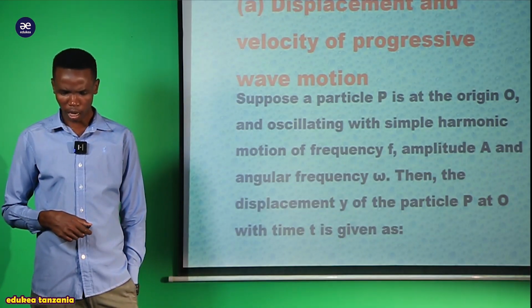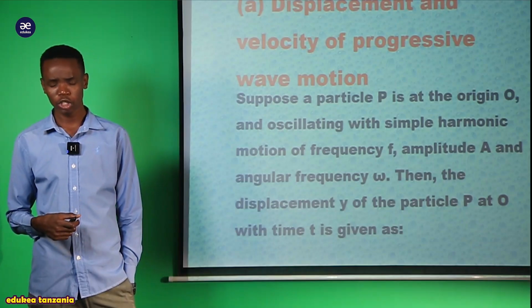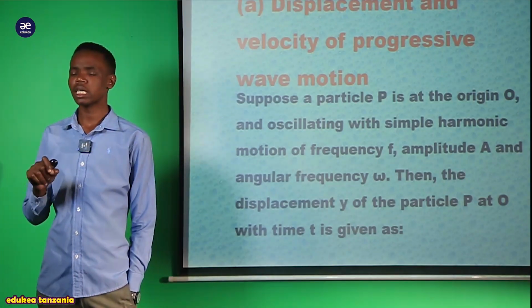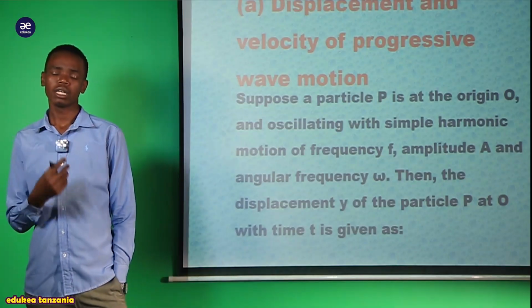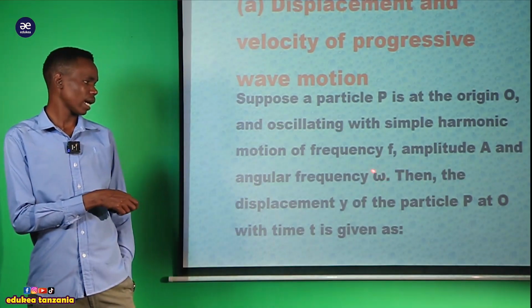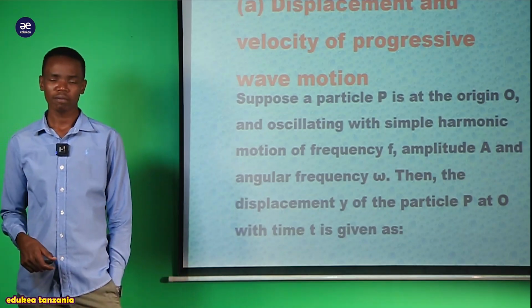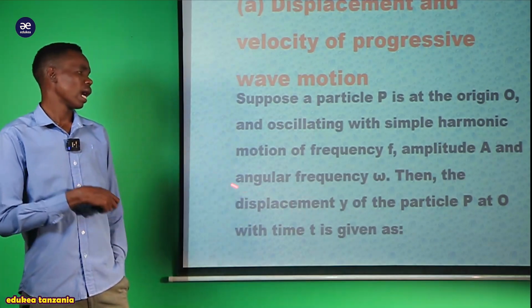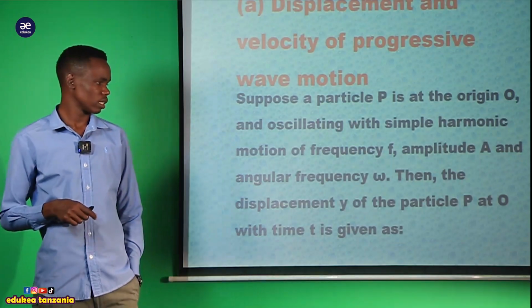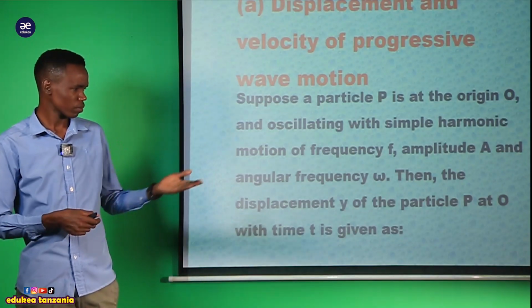If they move under simple harmonic motion, they have an amplitude, expressed by the letter A, and an angular velocity, expressed by the letter W. This is what we have been told, my dear students. And the frequency is expressed by the letter f.